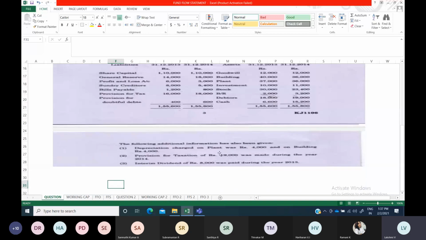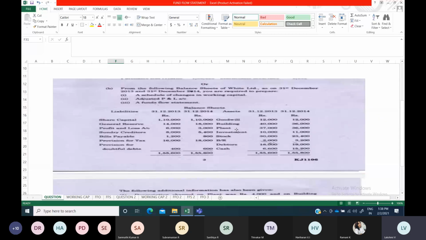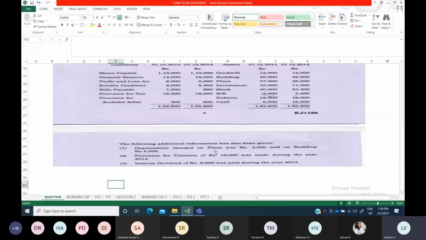But whenever depreciation or some additional information is given here, you have to prepare the concerned asset account. If they are not giving you this information, you can very well see and find out whether they have purchased or sold out. If there is an increase, it means purchase; if a decrease, they have sold out. But whenever additional information regarding depreciation is given, you have to prepare a separate account.